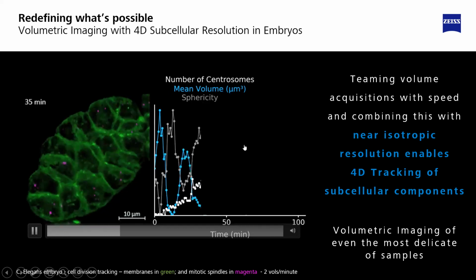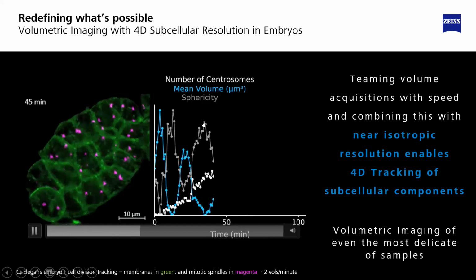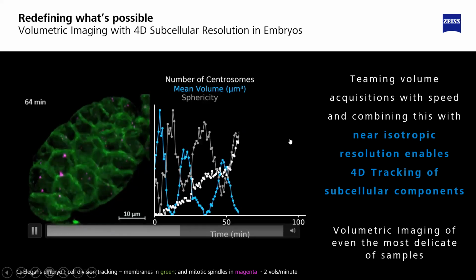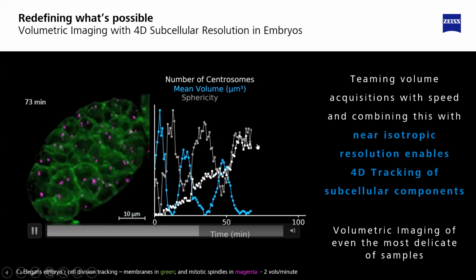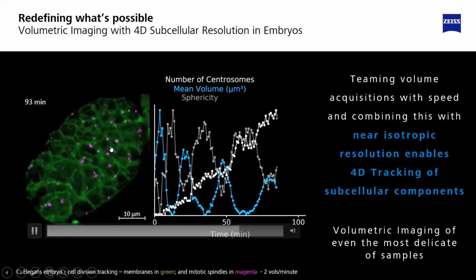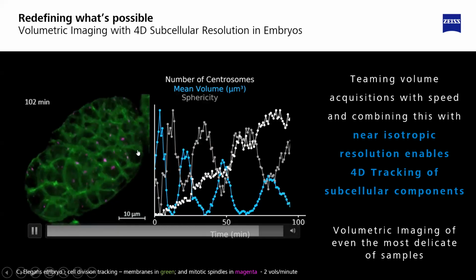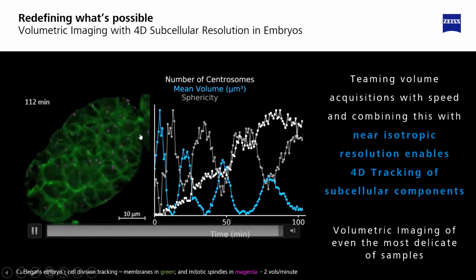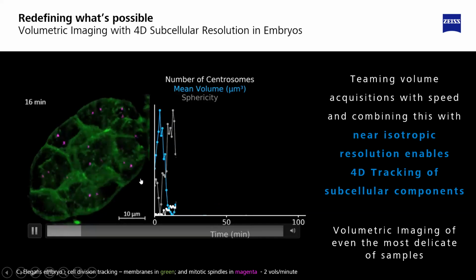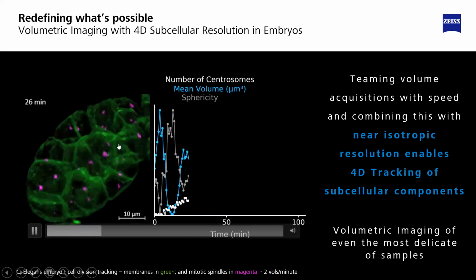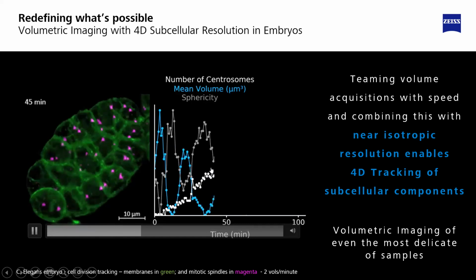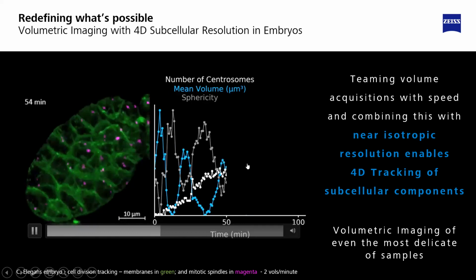And the researchers we were working with were interested in counting and tracking the number of centrosomes, these magenta labeled structures here, during cell divisions, as well as the actual volume of those structures and their sphericity, or their shape, during this mitotic process over the course of about 2 hours. And thanks to the lattice light sheet, we were able to image continuously for 2 hours and get really robust data that they could quantitate throughout the entire movie.